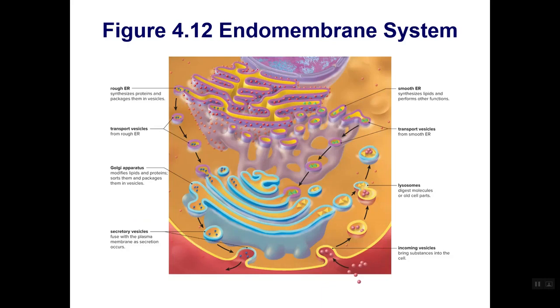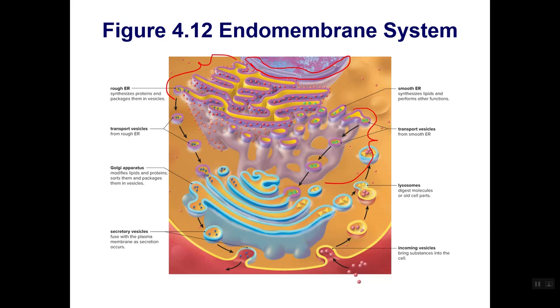Okay, so here is a summary of the endomembrane system. We started off with the nuclear envelope, which surrounds the nucleus. Then we have the rough ER, which is studded with ribosomes. Over here we have the smooth ER, which is not. It functions to make lipids. This one functions to help make proteins, both of which can pass in vesicles to the Golgi apparatus.